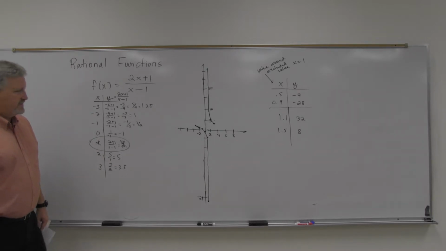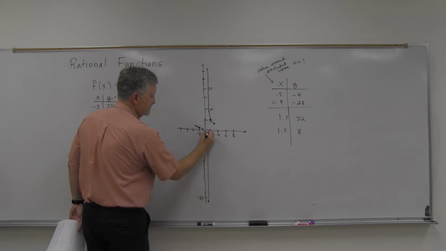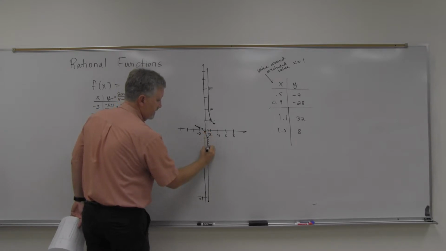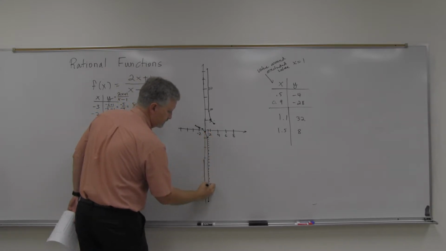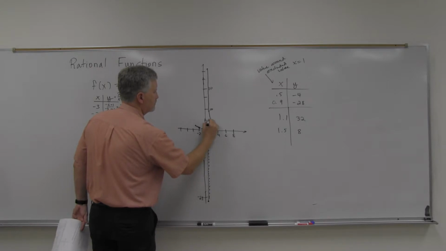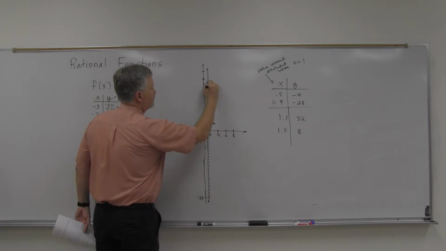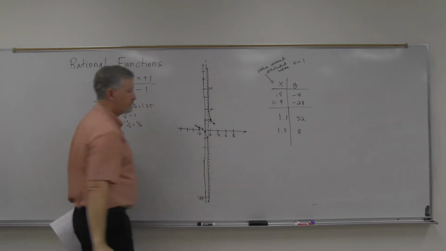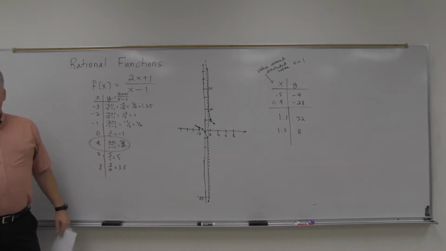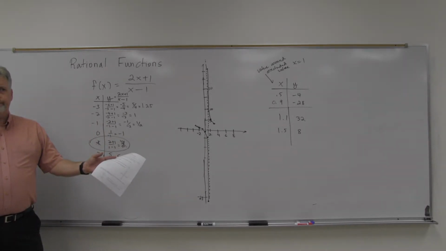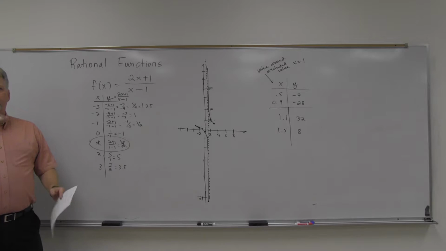Well, hopefully we can see there that at this +1 value, let's just draw in a little dotted line there, because x can't be equal to 1. And so I'm not going to cross that.